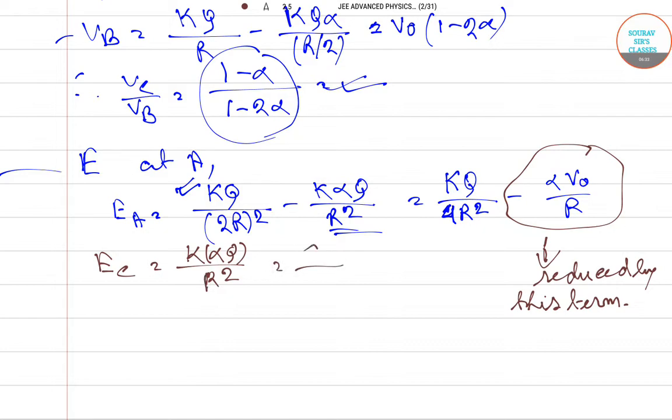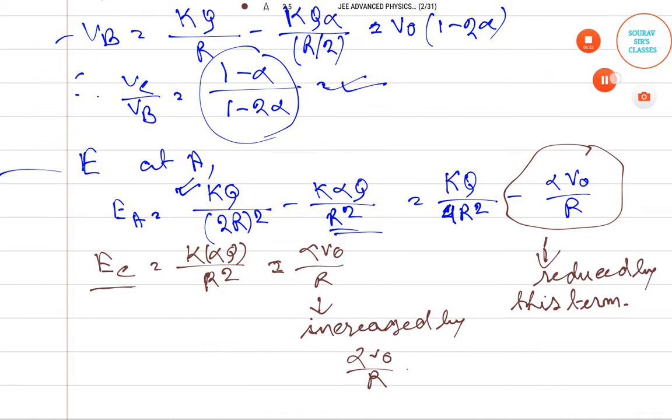This equals alpha V0 by r. So this is increased by alpha V0 by r. So this is the electric field at the point C.